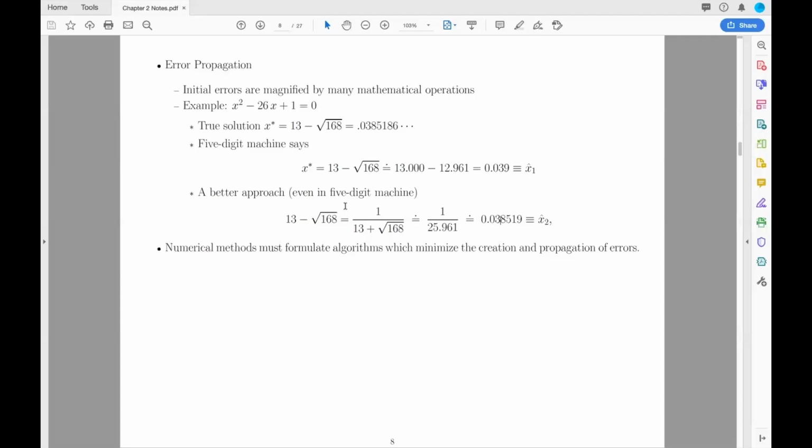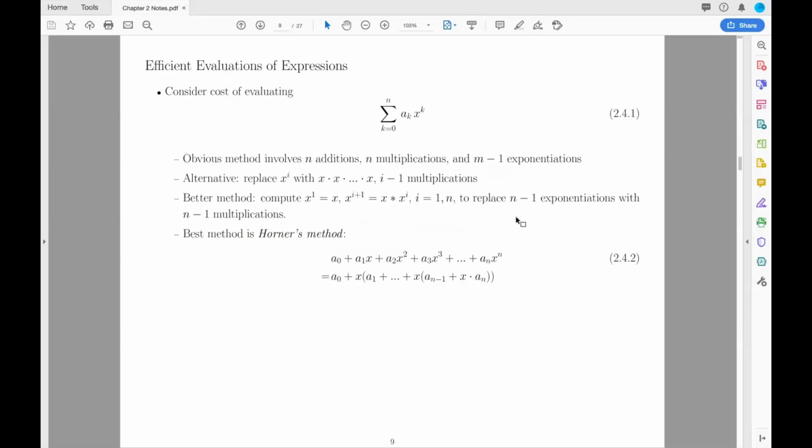So even though we had 5-digit arithmetic capabilities, by rewriting this, instead of getting only 2 accurate digits, we get 5 accurate digits. So rewriting mathematical expressions in trivial ways can change dramatically the quality of your arithmetic, because errors can propagate rapidly.